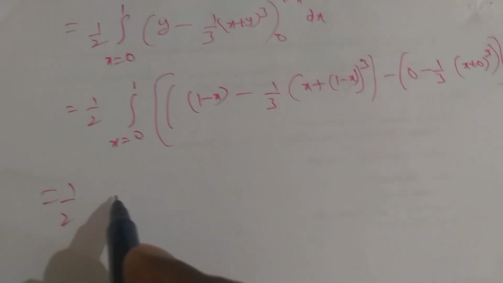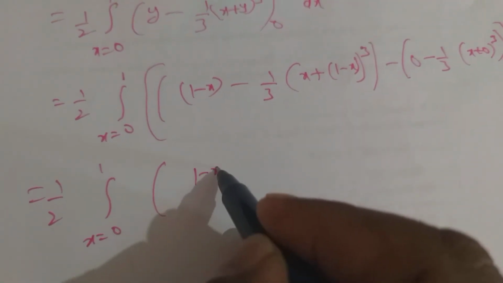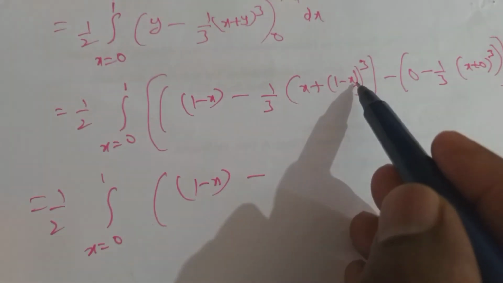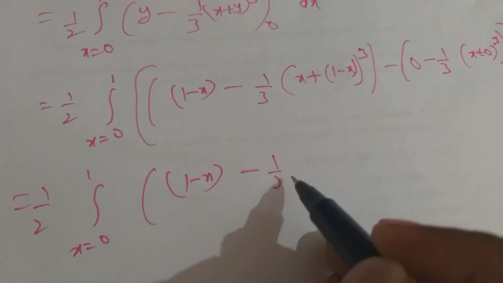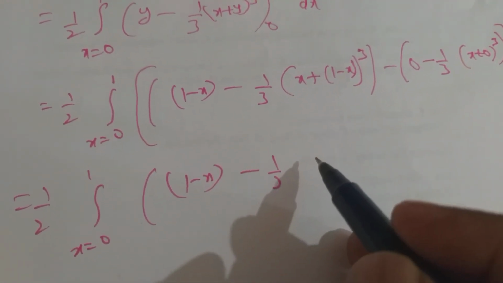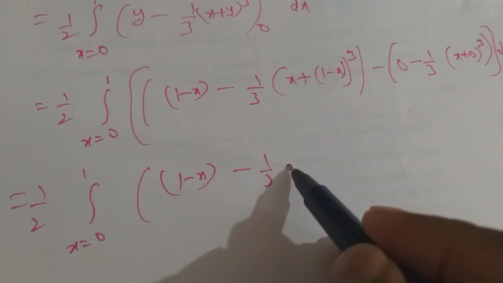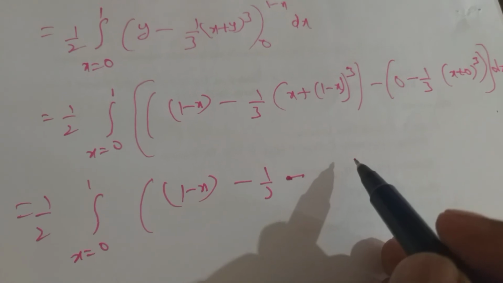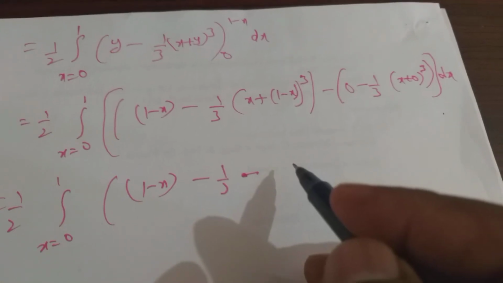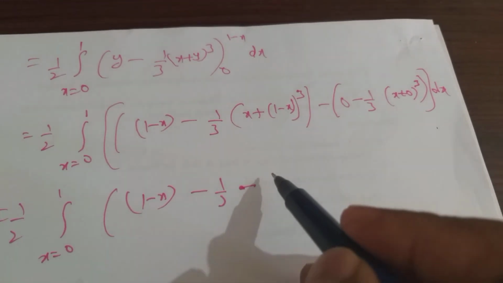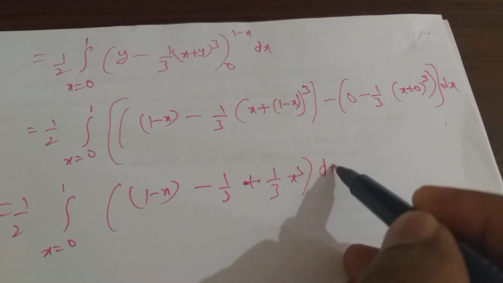1 by 2, x from 0 to 1, it is 1 minus x, here the x's get cancelled, it is 1 by 3, minus, it is plus 1 by 3 x cube dx.